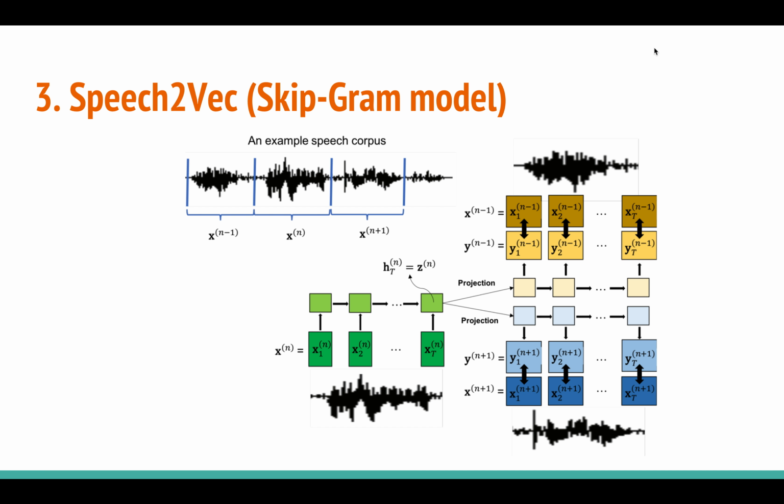So that we can do it for the entire speech corpus, and finally we can train a nice model which, when we feed this word xn, will give us this embedding Zn, which is similar to Word2Vec, that means it should capture the semantic relationship about the word, right? So that is the whole idea of Speech2Vec using the skipgram model.